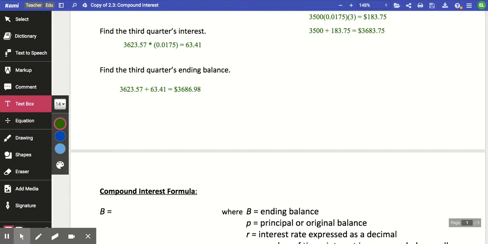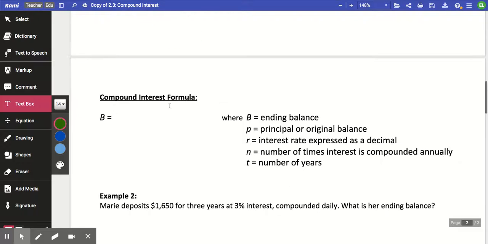In this example, Jose opens a savings account with a principal of P dollars that pays 5% interest compounded quarterly. What will his ending balance be after 1 year? In our compound interest formula, there are actually 5 things to look at.